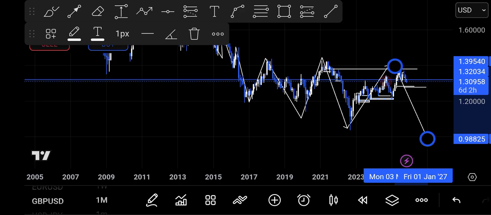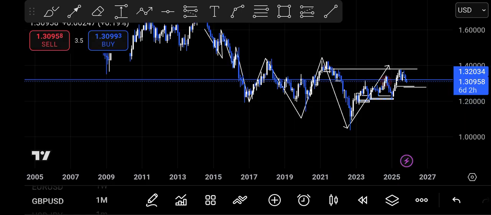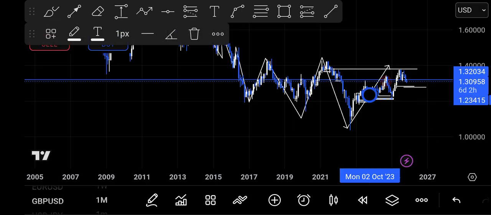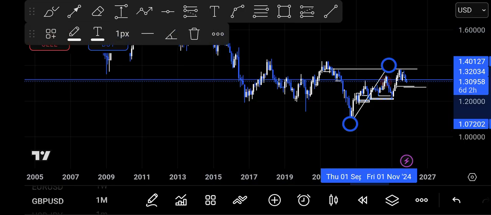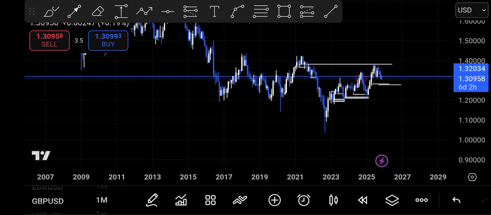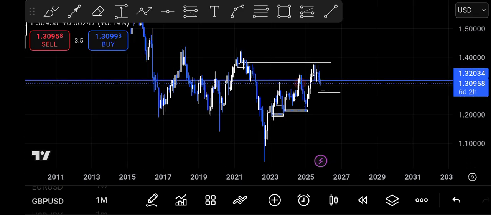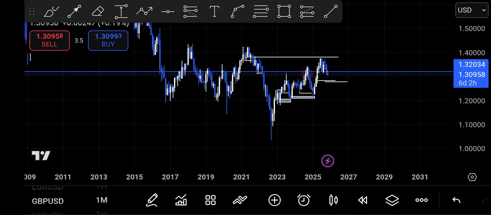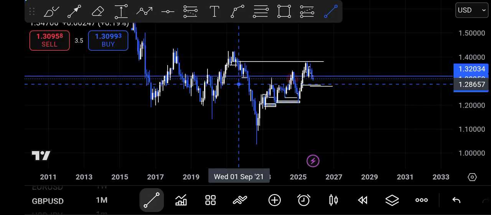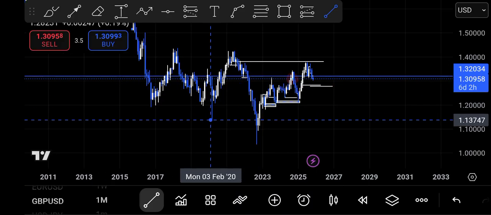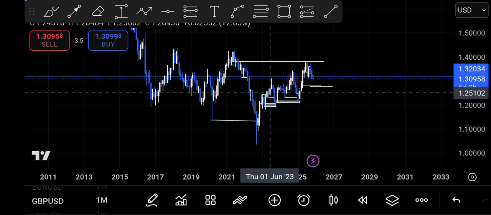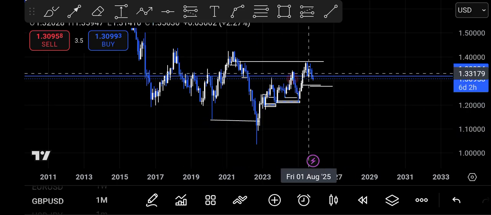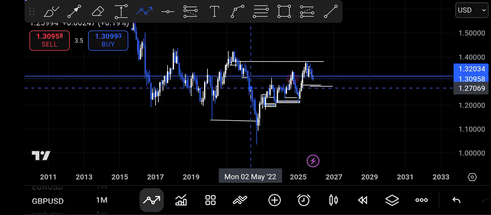What I'm actually chasing is that the monthly time frame is just to check the overall bias of the market. And now that I know the overall bias of the market on the monthly time frame is a downtrend, I'll be focusing on this structure to the downside, this market shift around here, and the supply that the market touches.